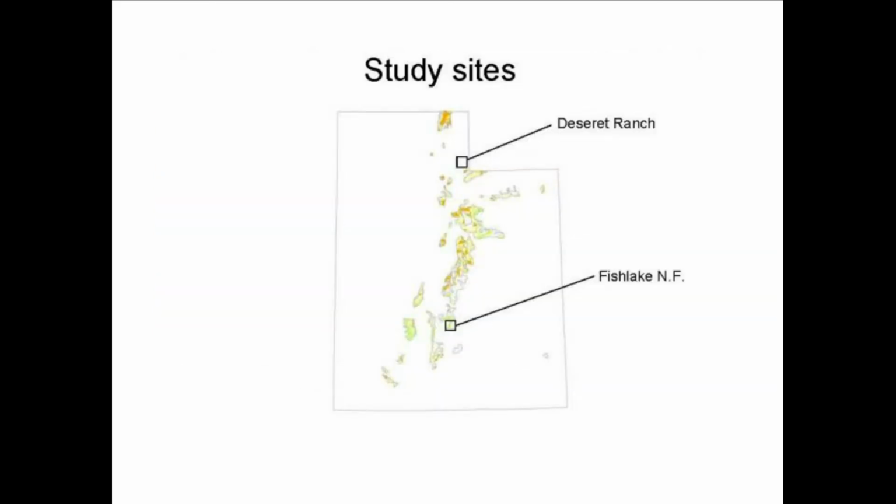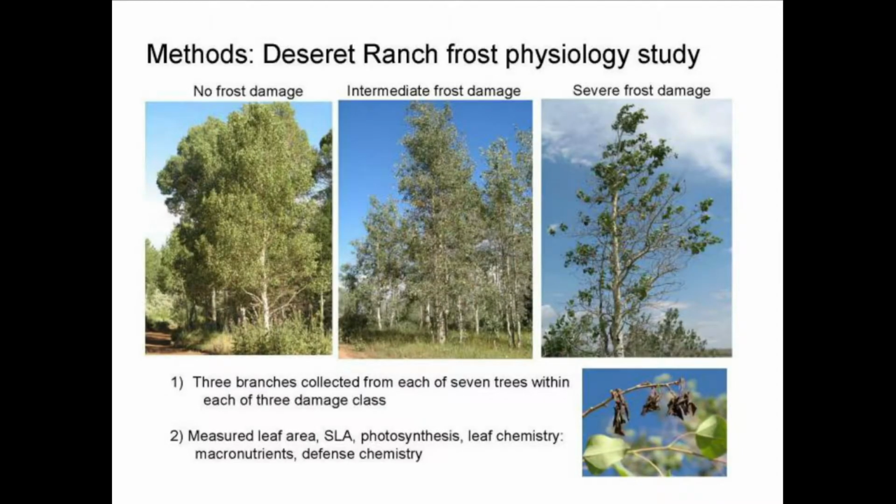So we had two study sites. At Deseret Ranch, we had a transect study along a ridge where there was severe frost damage, and then down in the Fishlake National Forest on South Last Chance. So here's a transect here. We had three classes. We had clones that experienced no frost damage; they retained their first flush leaves.